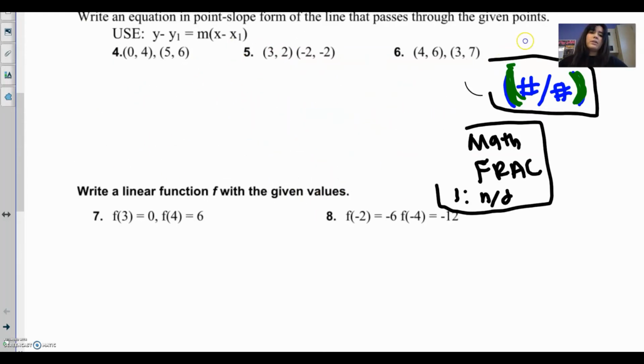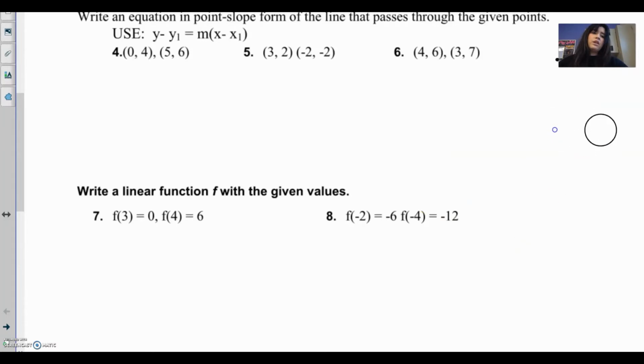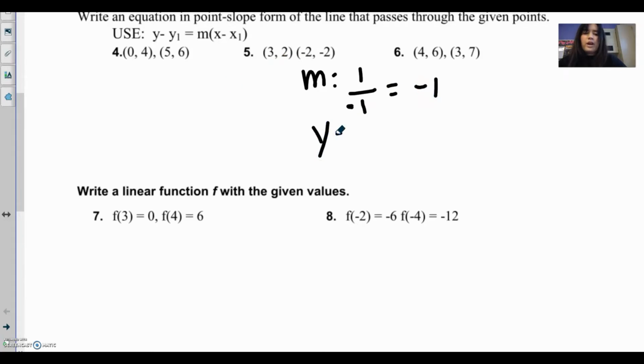Alright, for number 6, I'm going to give you another quick run through. So for m, we have 7 minus 6, that gives us 1. Then we have 3 minus 4, that gives me -1. Our slope is -1. Now we're just rewriting y minus, let's use 4 and 6, minus 6 equals -1 times x minus 4.